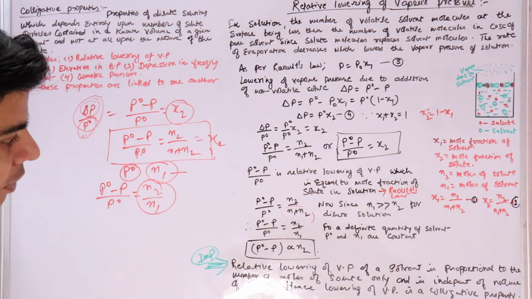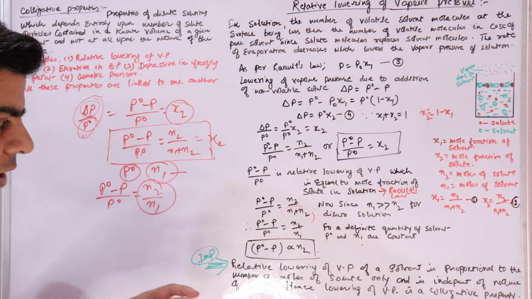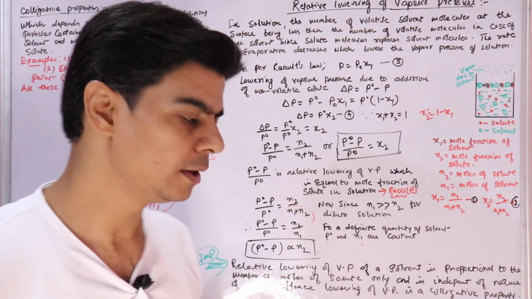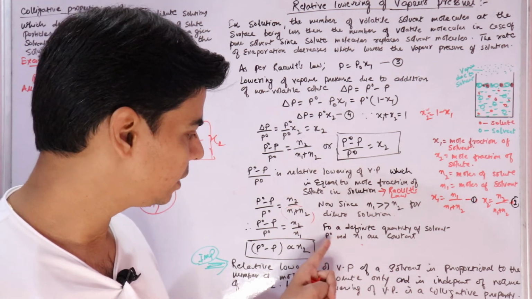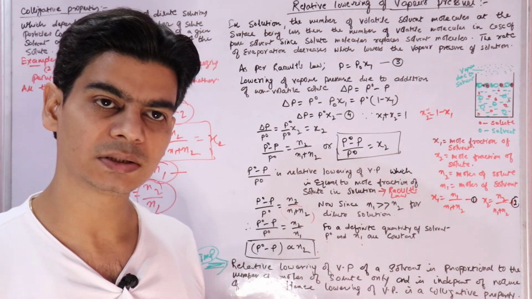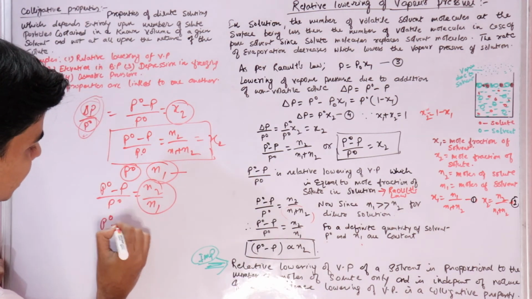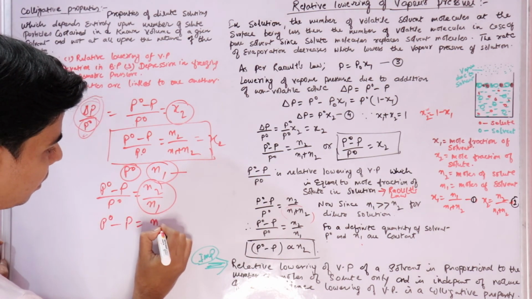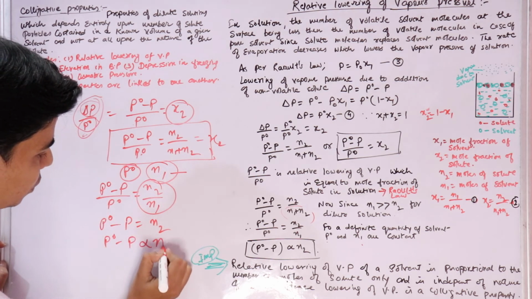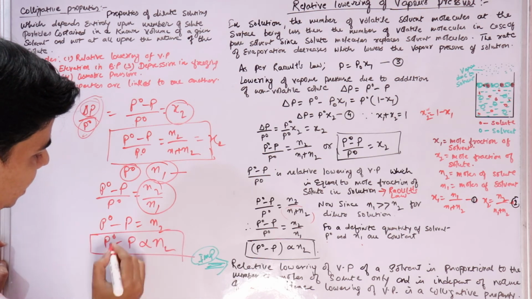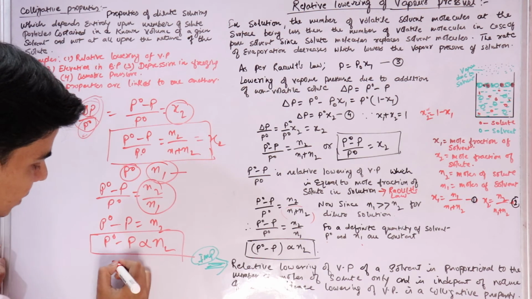Now for a definite quantity of solvent, P0 and N1 are constant. If we are taking a definite quantity of solvent, this P0, that is the vapor pressure of the pure solvent, and this N1, that is the moles of solvent, are constant. So we can write P0 minus P is directly proportional to N2, and we know that P0 minus P is nothing but the lowering of vapor pressure, right?